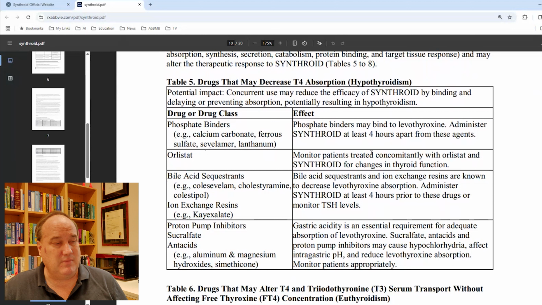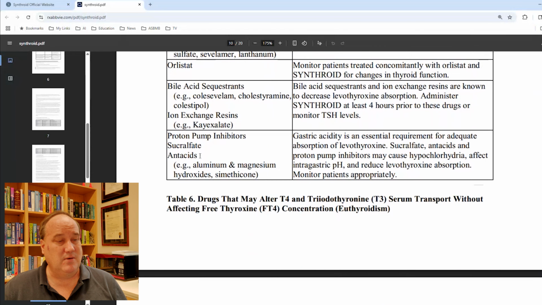Orlistat is a drug that may interfere, bile acid sequestrants, ion exchange resins, proton pump inhibitors may interfere, sucralfate, and antacids. These are over-the-counter, like aluminum and magnesium hydroxides. And so you want to be careful and monitor patients that are also taking some of these drugs to make sure they're getting an effective dose right there.